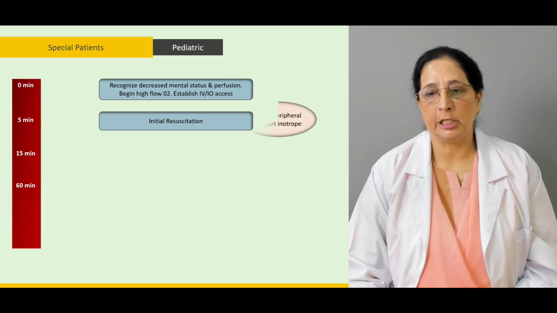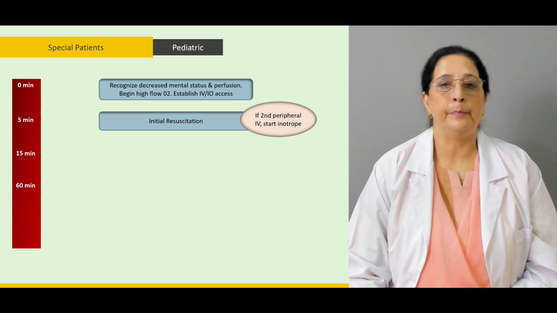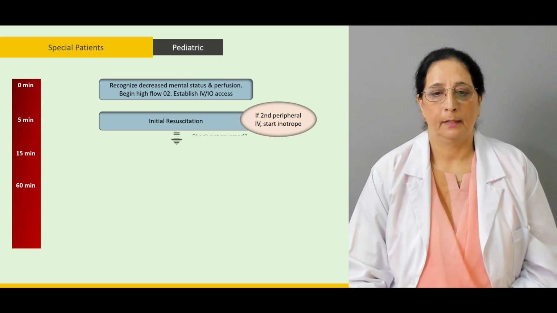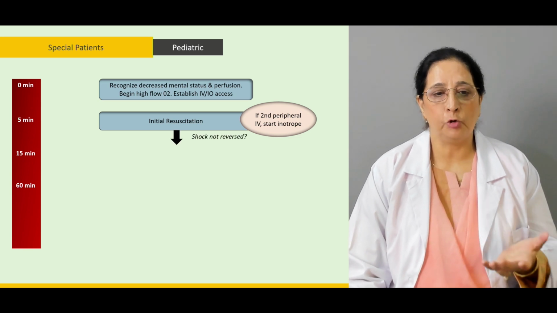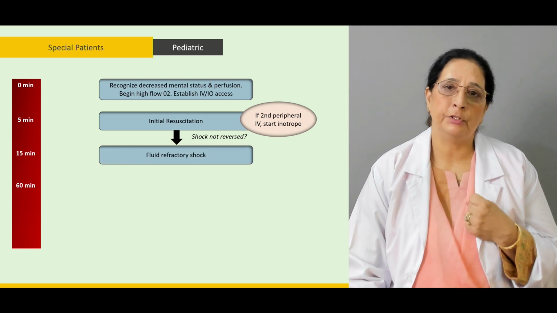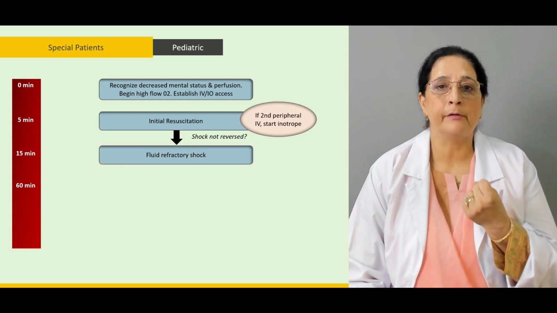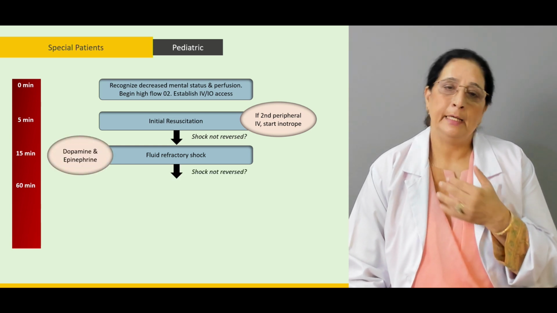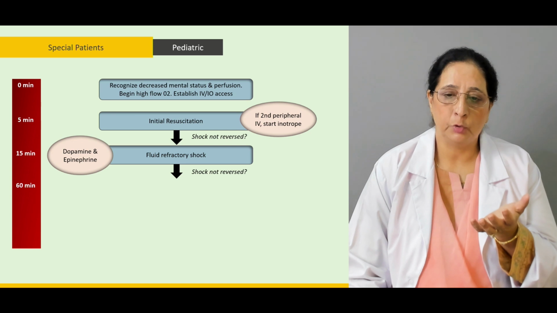Initial resuscitation: if a second peripheral intravenous is in place, start inotrope. So we start the inotrope, and if the shock is not reversed, it is a fluid refractory shock. Dopamine and epinephrine are used.